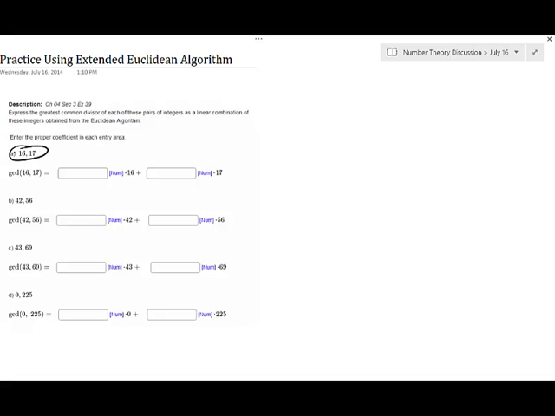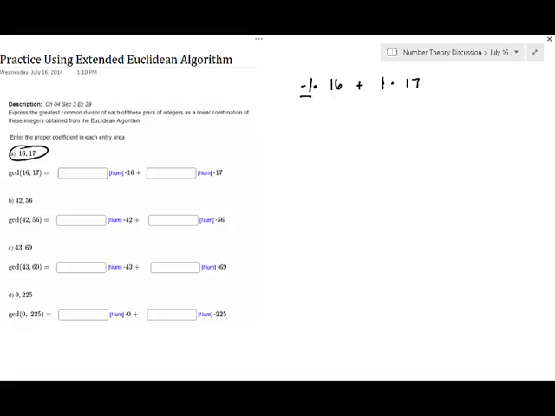And what I mean by a linear combination, let's see. Actually, I might be able to figure out this linear combination without doing all this work. Well, maybe not. So if I take 17 times 1, which is an integer, as long as those coefficients are integers, I've written a linear combination.